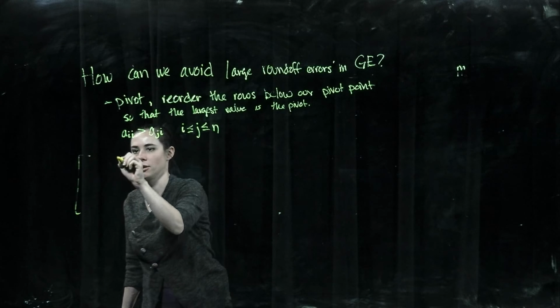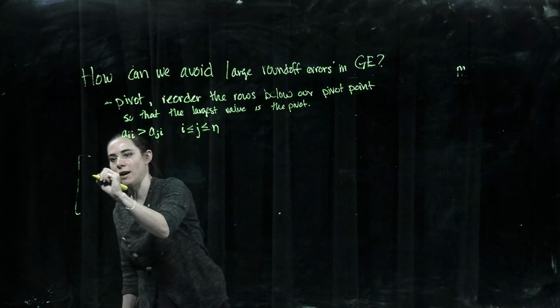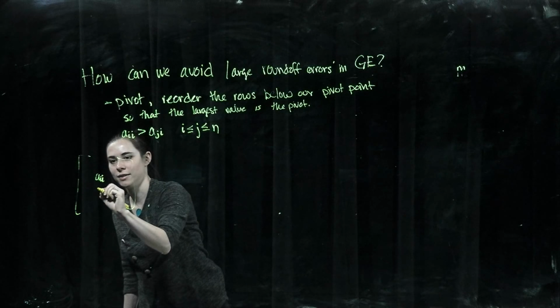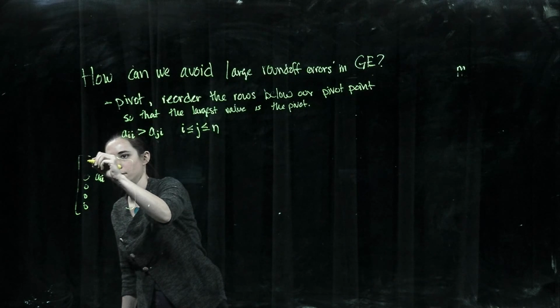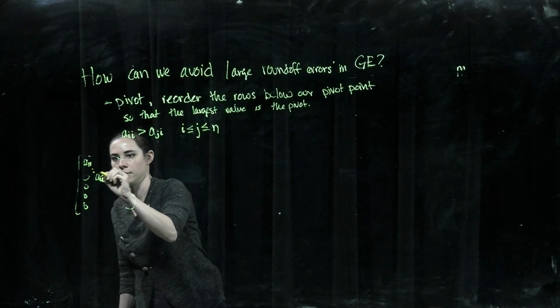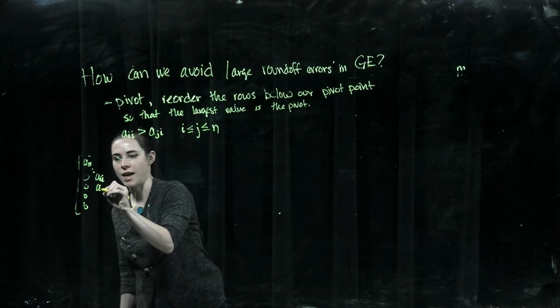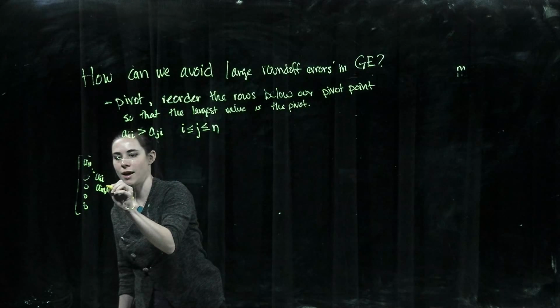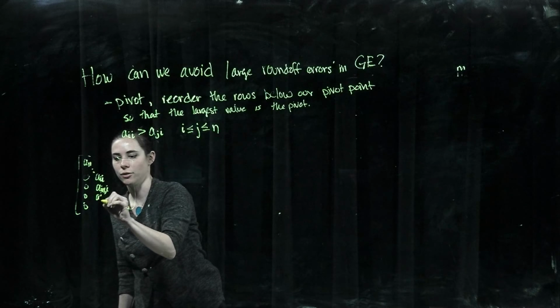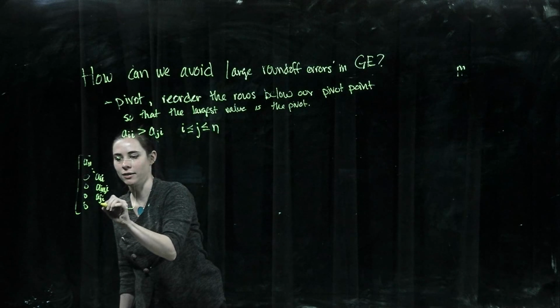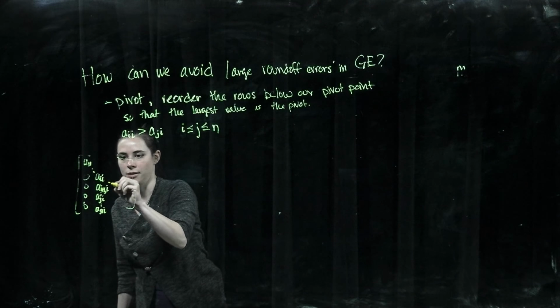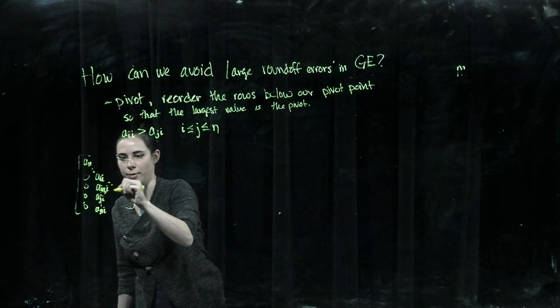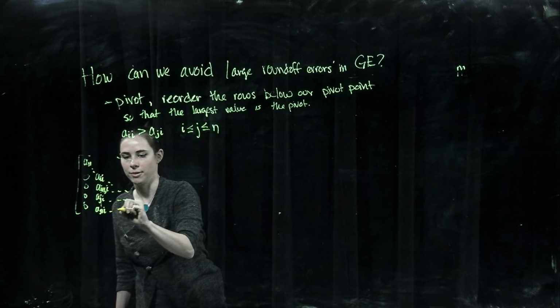So again, if we are looking at our matrix and we have A_ii, then this is going to be A_(i+1)i all the way to A_ji, A_ni. And then the rest of the matrix will still be filled in.